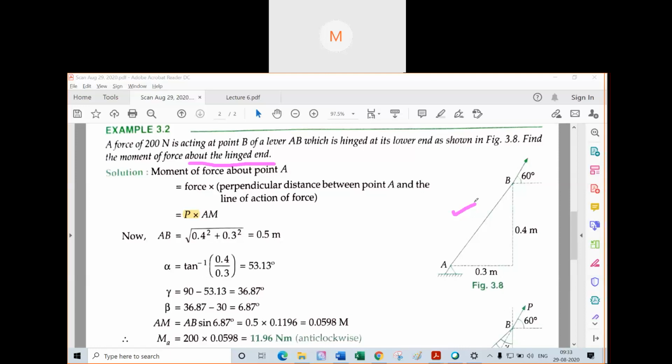Finished, sir. Have you drawn the diagram? Yes, sir. Okay, good.